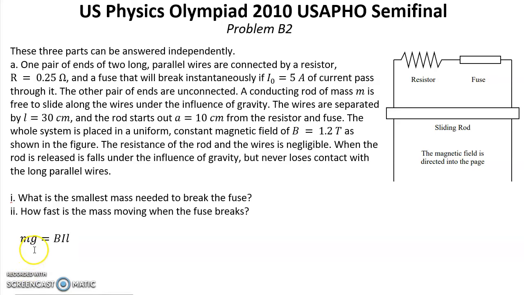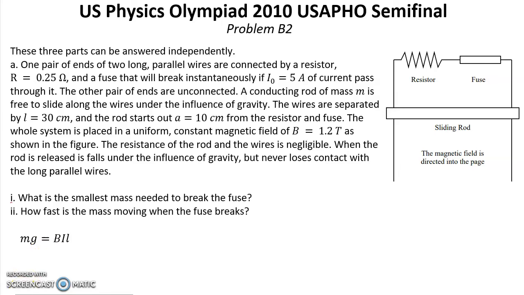We will have mass multiplied by g, which is the force of gravity, must be equalized by the force from the magnetic field, which is BIL. In our case, the maximum current is I0, so it means that we can count what mass is needed to break this fuse.